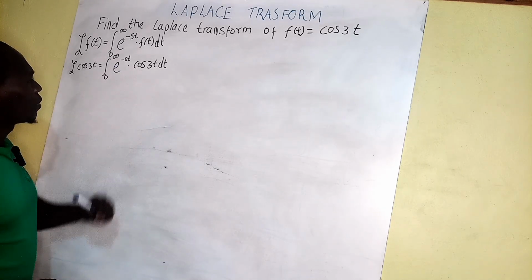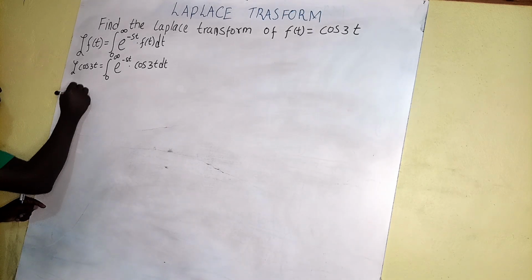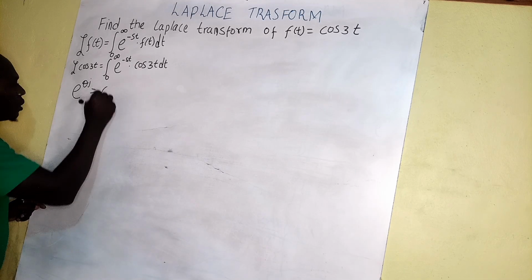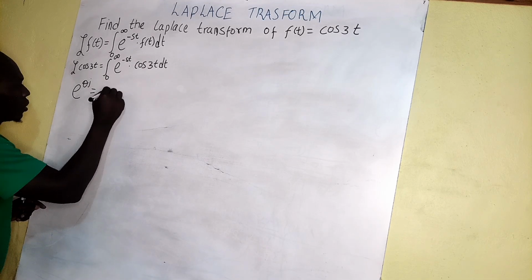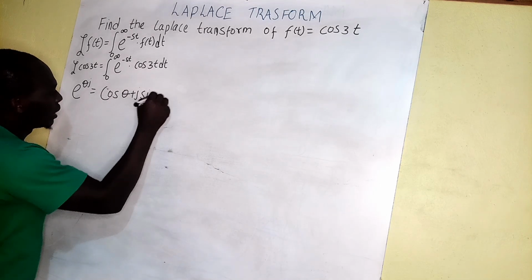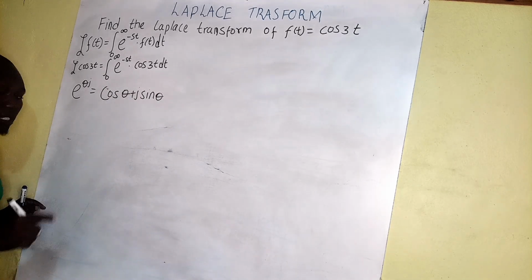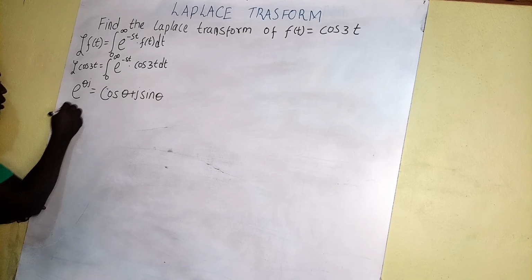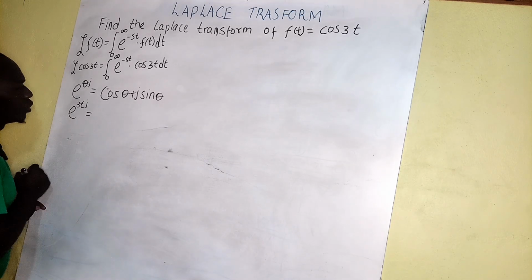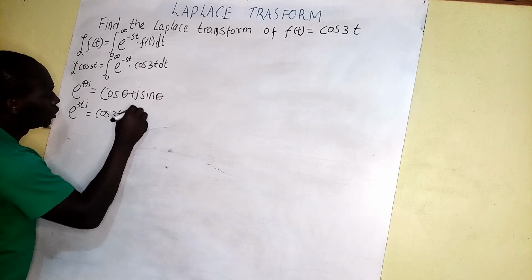And for the conversion of cos 3t into an exponential, we need to understand that from the complex number, exponential theta j is equal to cos theta added to j sin theta, but our angle theta is equal to 3t, meaning that exponential 3tj is going to be equal to cos 3t added to j sin 3t.